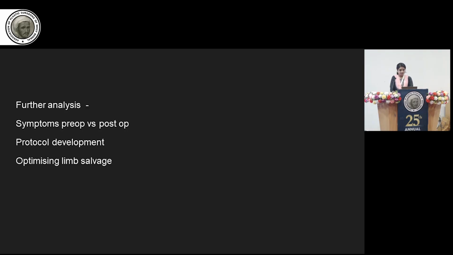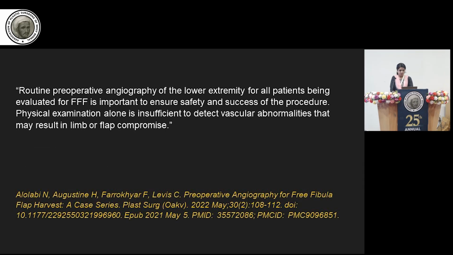Further analysis is required so that we can develop a protocol to assess the patients preoperatively on what their leg claudication symptoms are, since 50% of peripheral arterial disease patients are undiagnosed.